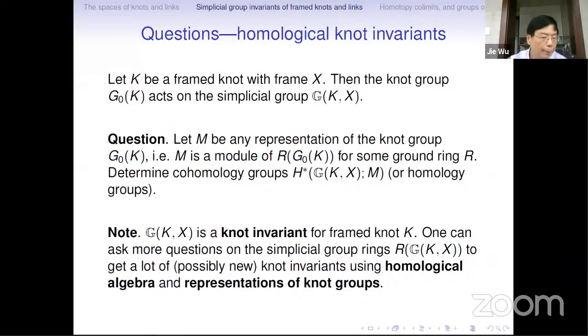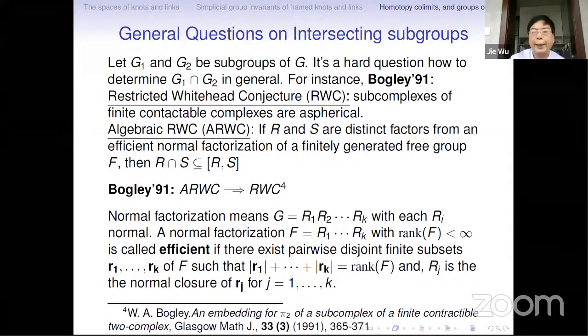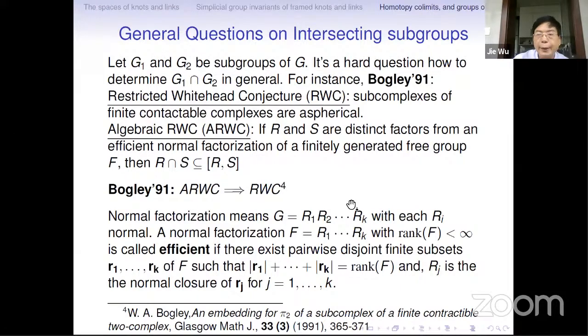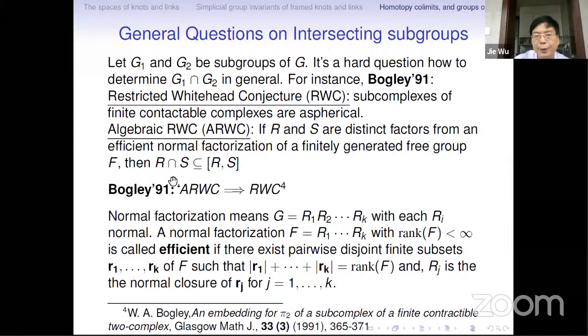Okay. Now, because of timing, I mention a bit that there are some other explorations to see. The story I try to look at is about the intersection of subgroups, right? And this is a big story in group theory. It's not a simple question how to understand the intersection of two subgroups, right?